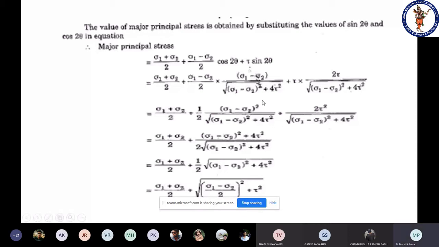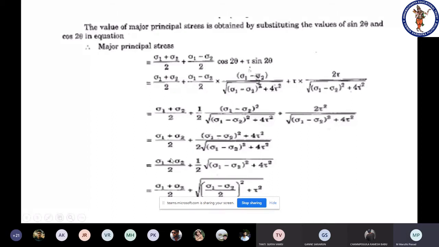When we have taken the LCM of this, what we are going to have? LCM of these two quantities is sigma 1 minus sigma 2 whole square plus 4 tau square. So after taking that particular LCM, here it is sigma 1 minus sigma 2 whole square plus, when we have taken the LCM, it will be 4 tau square.